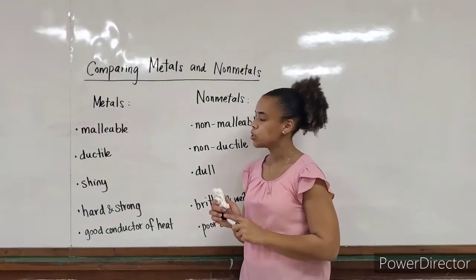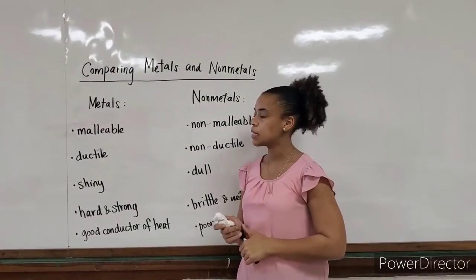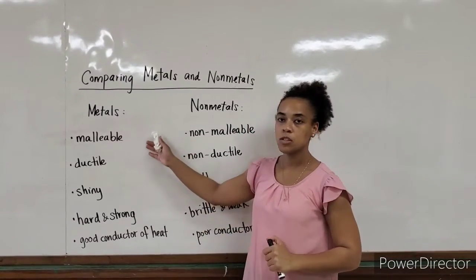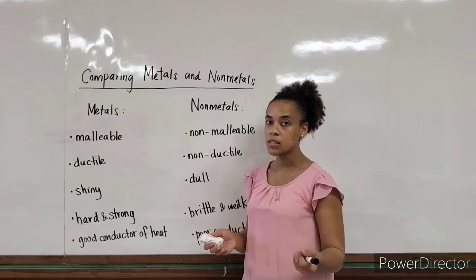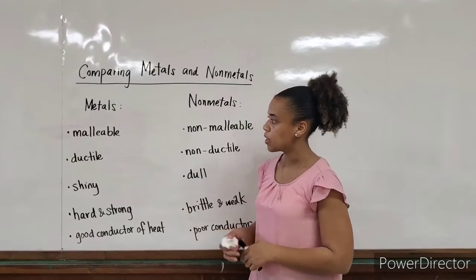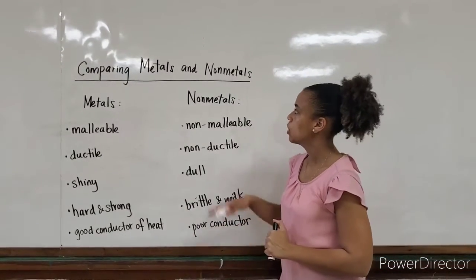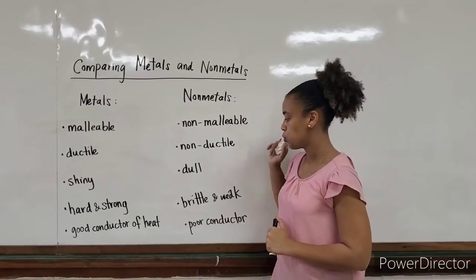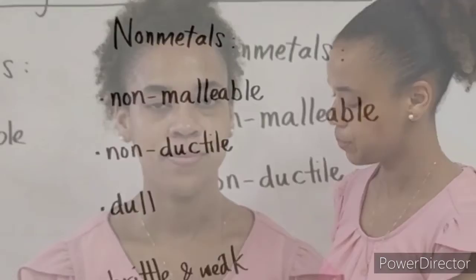When we use the term malleable, it means that a metal can be bent into a shape. So you'll find many things made into shapes from metal, utensils, bells. You may have different structures that you use. Nonmetals are non-malleable, and a part of this is due to them being brittle.